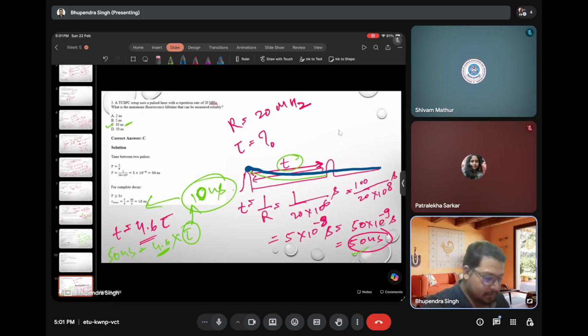Before that, another pulse is going to come, and again it will keep on decaying. So your spectra will be distorted. That is why the time window is very important to detect the lifetime of the molecule. I hope it is clear.